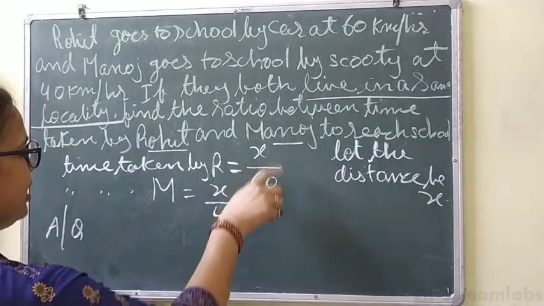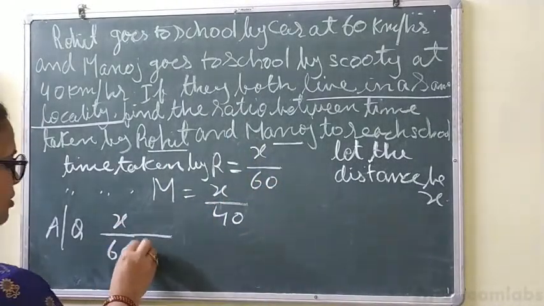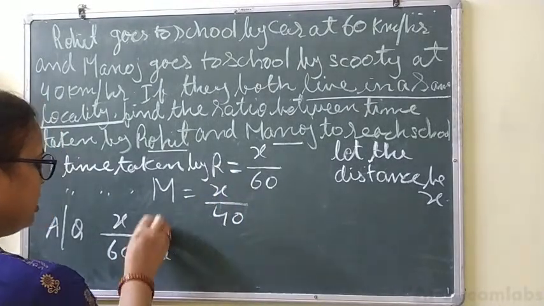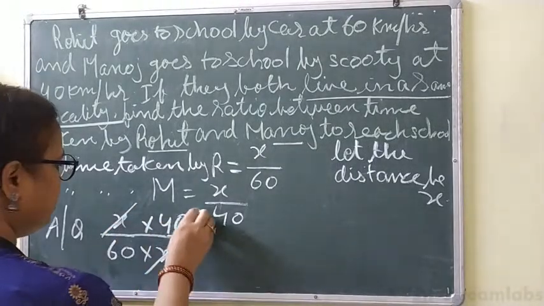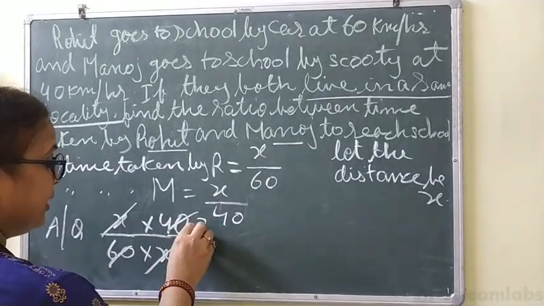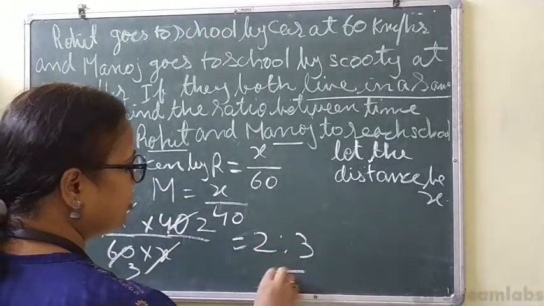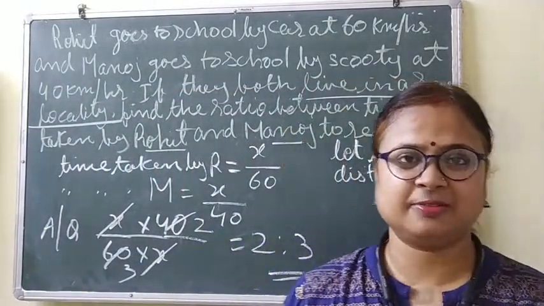So Rohit is x by 60, and then the ratio of time taken by Manoj, x by 40. So x and x cancel, and then it is 40 to 60, which is 2 is to 3. So your final answer will be 2 is to 3.